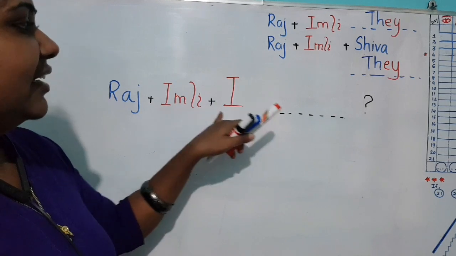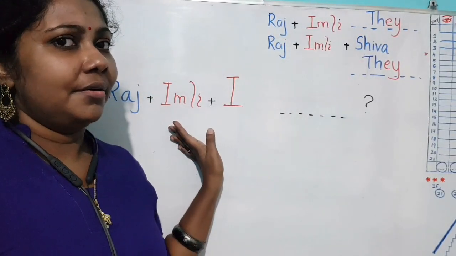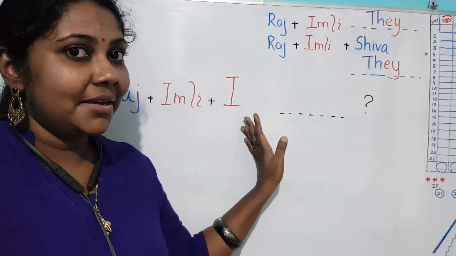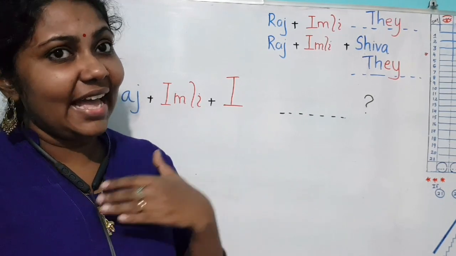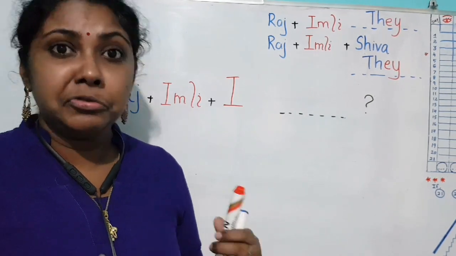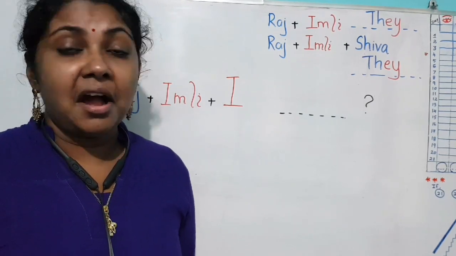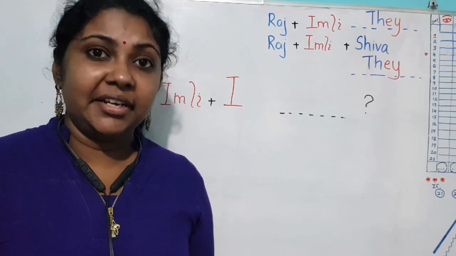Raj, Imli, and I are teachers. Raj, Imli, and I studied together. Raj, Imli, and I are friends. Again.